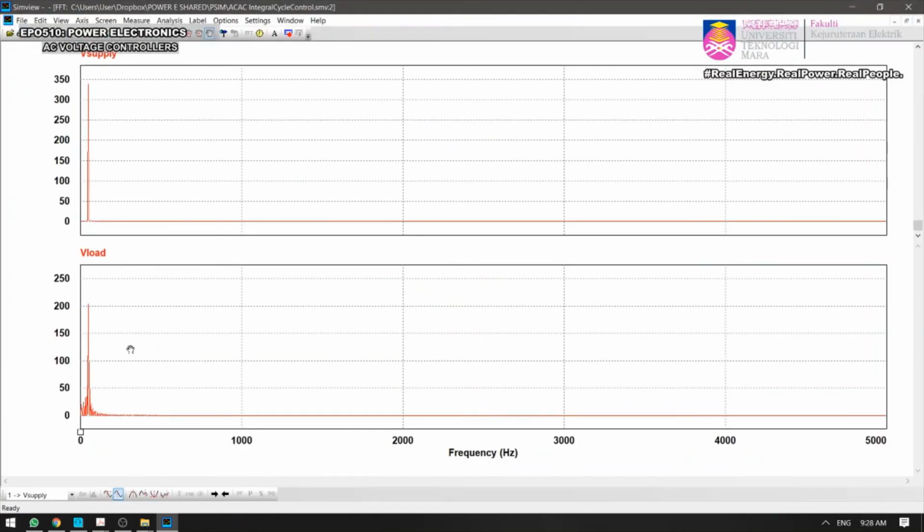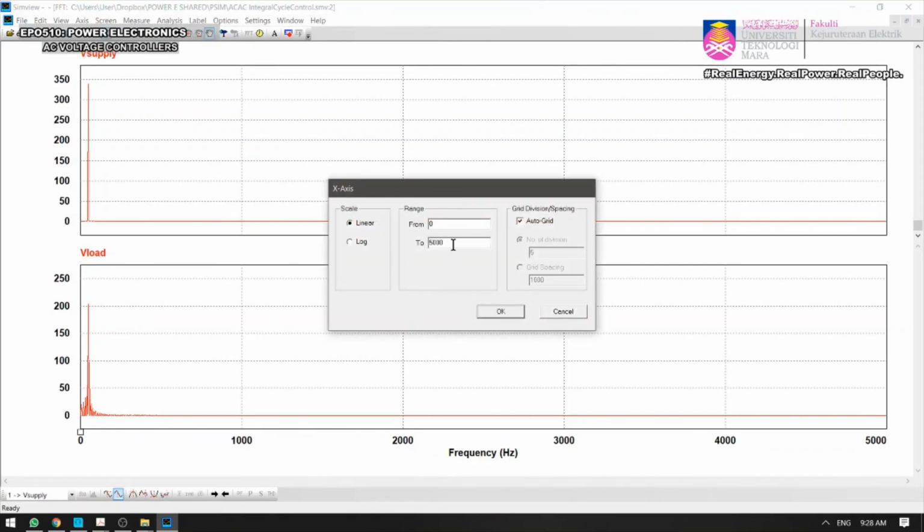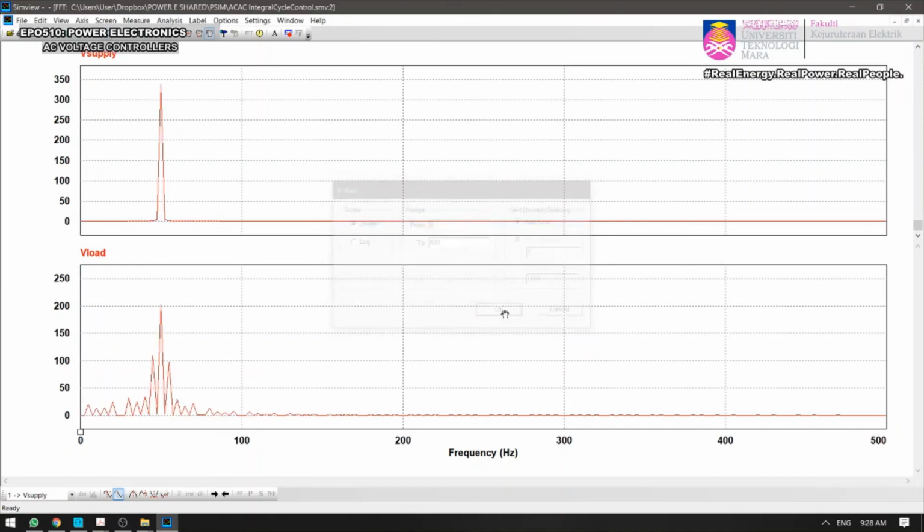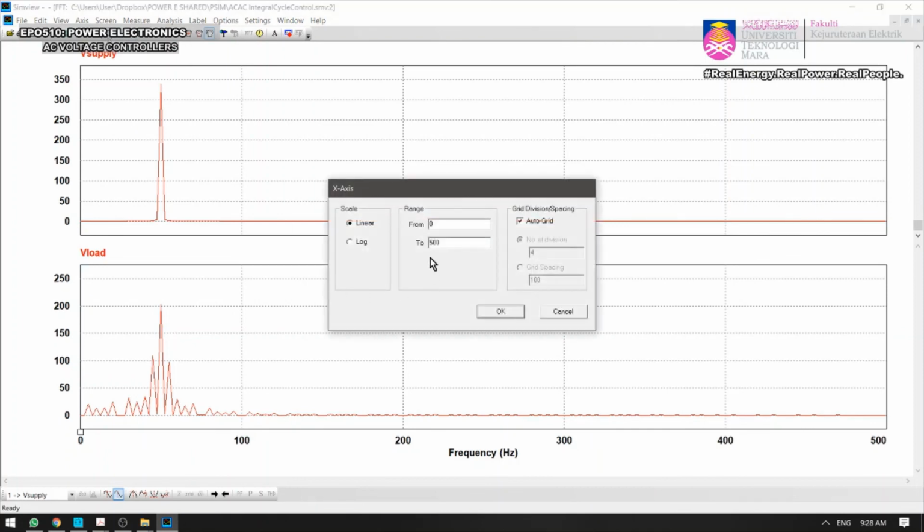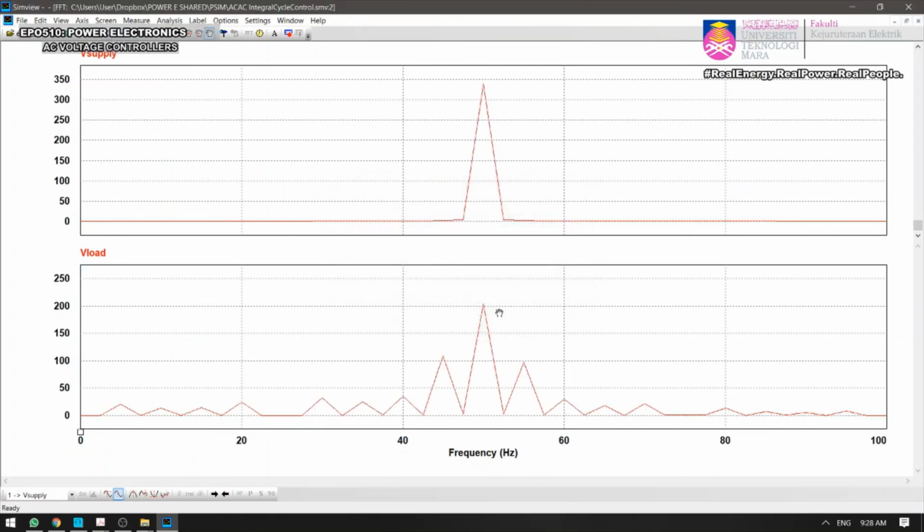You can see the harmonic spectrum now. Adjust the frequency. I'm just going to see a few. So just try 500. Okay, and I can adjust more to 200 hertz. This is what I'm going to get.